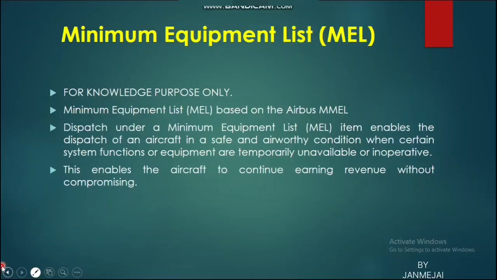So what is the definition of MEL? MEL identifies the aircraft systems, instruments or components that may be inoperative or malfunctioning while still permitting the aircraft to be dispatched for safe flight.